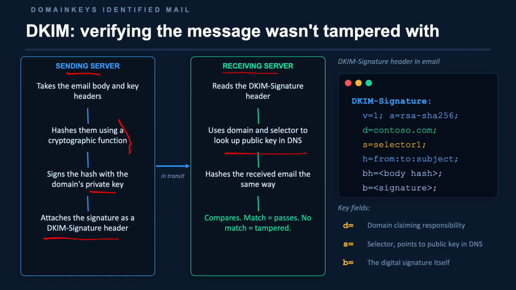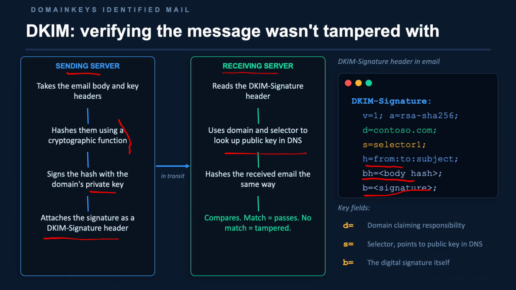Now if you look at the header fields on the right, the b tag is the actual signature itself, and the bh tag is the body hash. And the h tag lists which headers were included in the signature. Because the public key only verifies and never signs, it is completely safe to publish it openly in DNS.